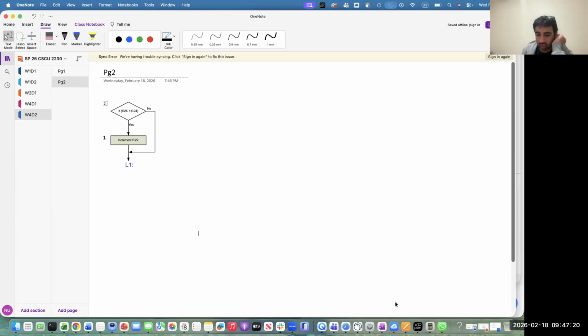So first thing you need to do is redraw this one by using the opposite or reverse condition, right? So I am saying if R26 is greater than or equal to R24, right? And I am putting it in a diamond, right? Okay, so if R26 is greater than or equal to R24, then what should I do?